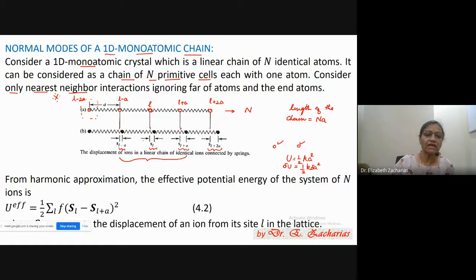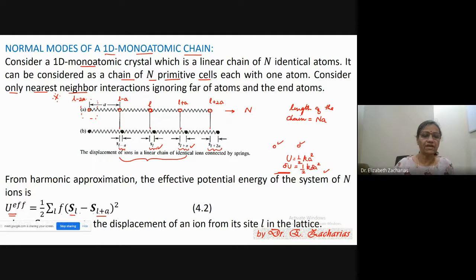But first, let us just consider L and L plus A. Let us talk about this bond length and the change in the bond length, and then use this equation to talk about the potential energy. So the effective potential energy is going to be half K times (S_L minus S_{L+A}) whole squared. It comes from here.